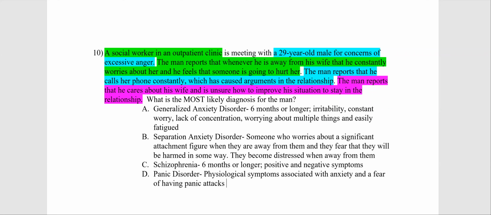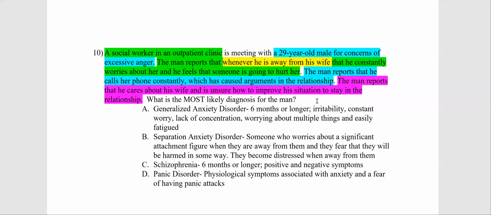Quick review: outpatient clinic, 29-year-old male, concerns of excessive anger. He reports that when he is away from his wife, that he constantly worries about her and he feels like someone's going to hurt her. The man reports that he calls her constantly, which has caused arguments in the relationship.